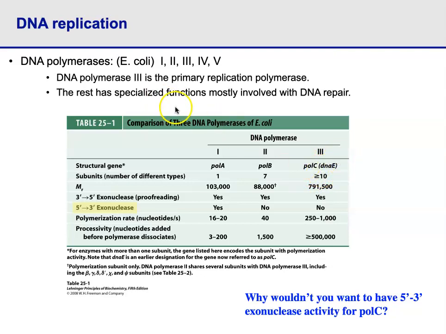The others have other functions which are usually involved in DNA repair. You can also see right here the polymerization rate for Pol3 is 250 to 1,000 nucleotides per second. I'm not talking about per minute now. We're talking about per second. That's how fast things are moving in the cell.